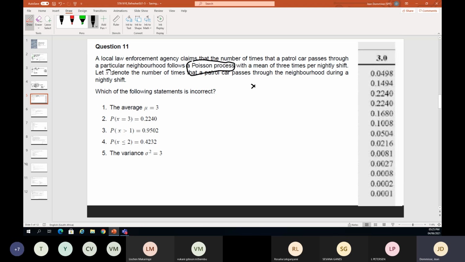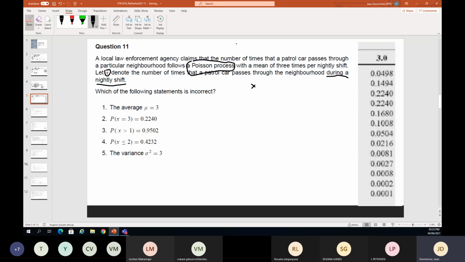They will talk about X, and they will also link a time to it. Here they talk about denoting the number of times that a patrol car passes through the neighborhood during a nightly shift, during the day, during a certain period. So there will be a time connection to it as well.